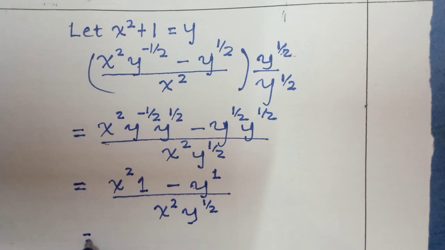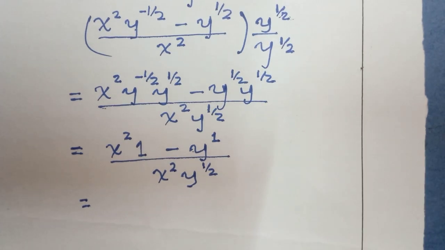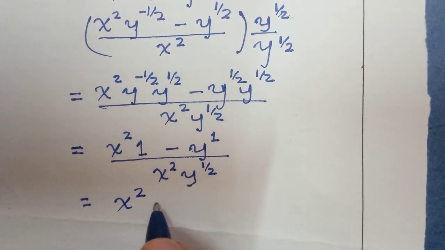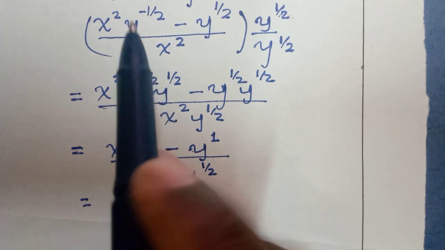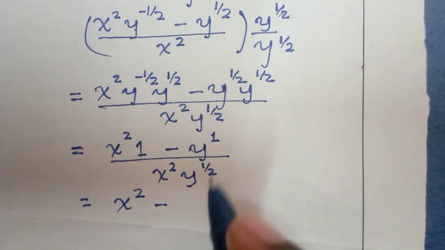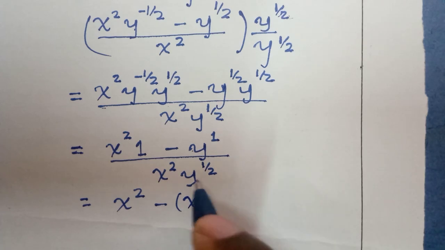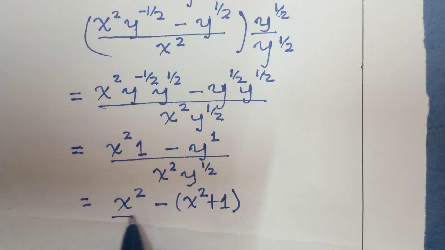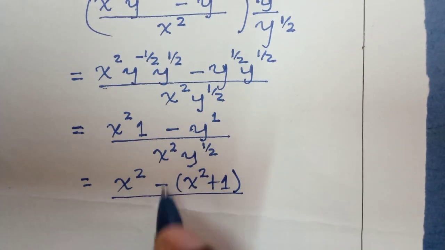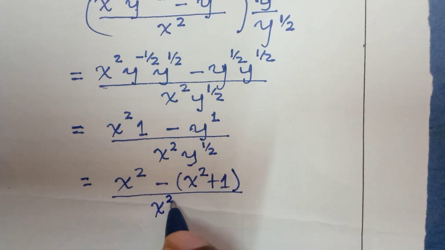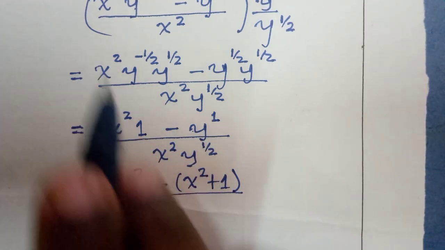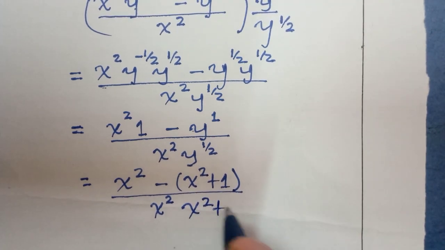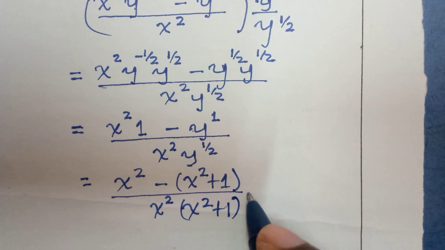So guys, we continue. I can now write x squared on this side minus y. Now I can replace my y with x squared plus 1. This is x squared plus 1, like that, all over x squared. I now replace my y with x squared plus 1, so this is going to be x squared plus 1 raised now to a half.